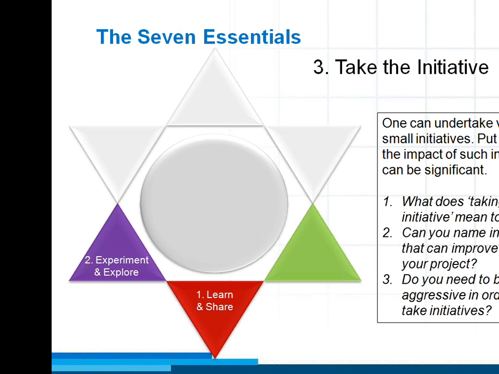And when you do not take the initiative, you stagnate. You do not bring out the value of the first two habits. When you take the initiative, you are combining the first three habits and you become effective.